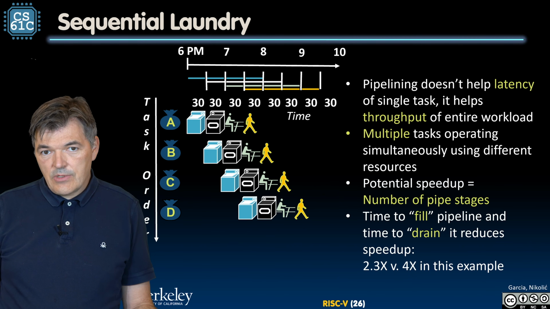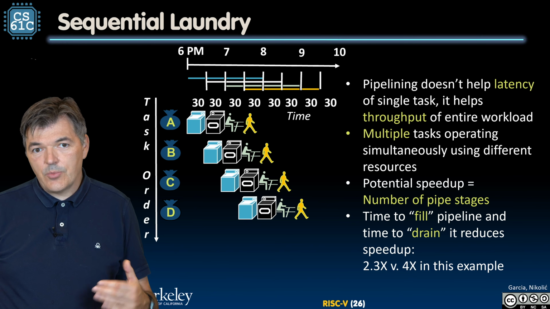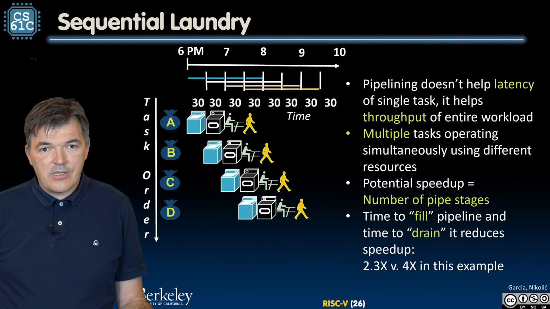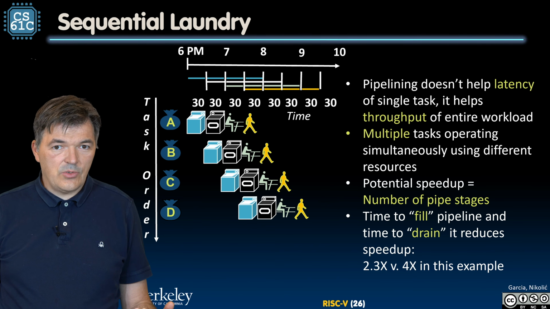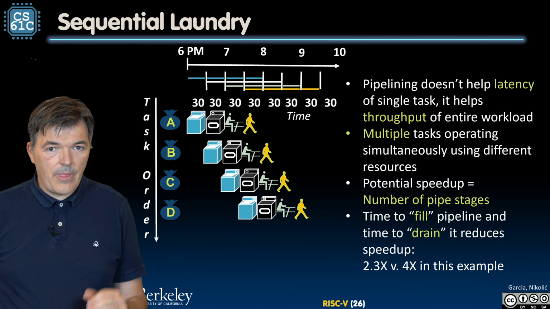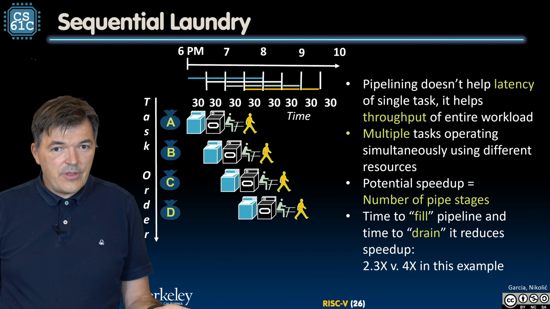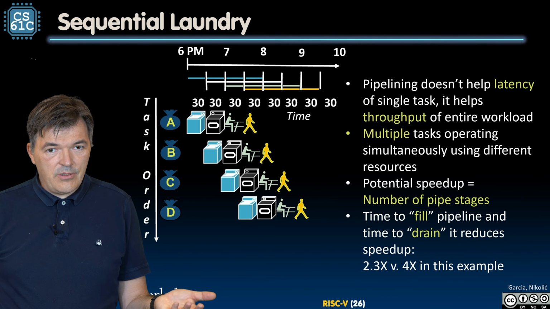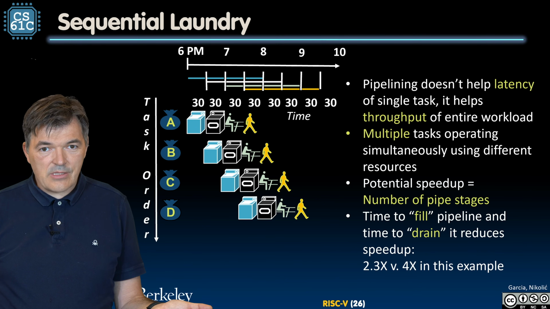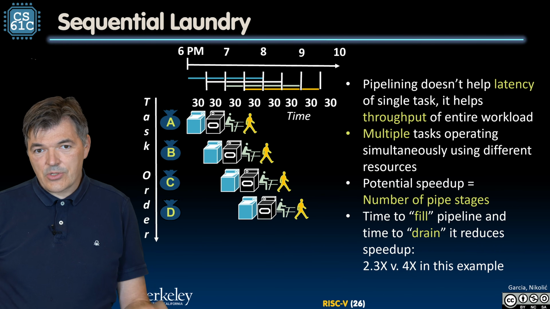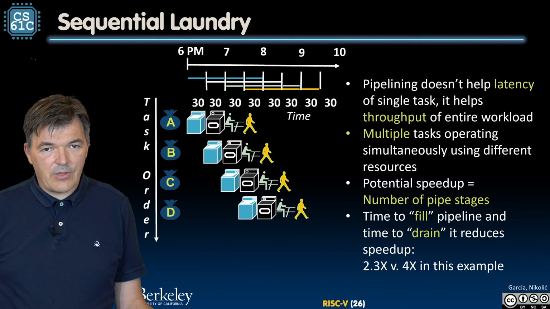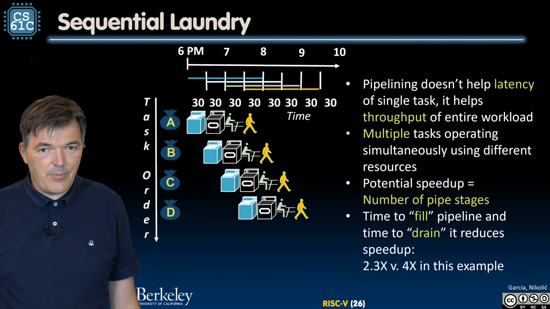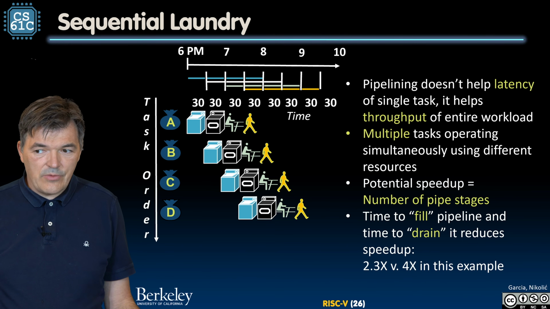But we did not achieve the speed up of 4, we achieved the speed up of 2.3 because we needed some time to fill the pipe and then drain the pipe. If there were 1,000 tasks that were using the same pipeline, then we would have gotten much closer to the 4x of theoretical speed up. So that's one of the key ideas.